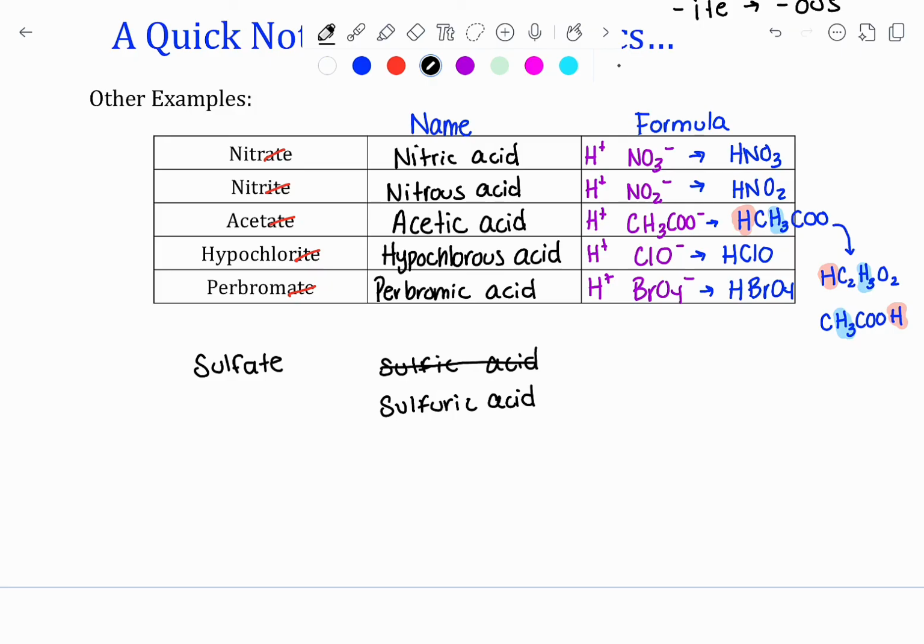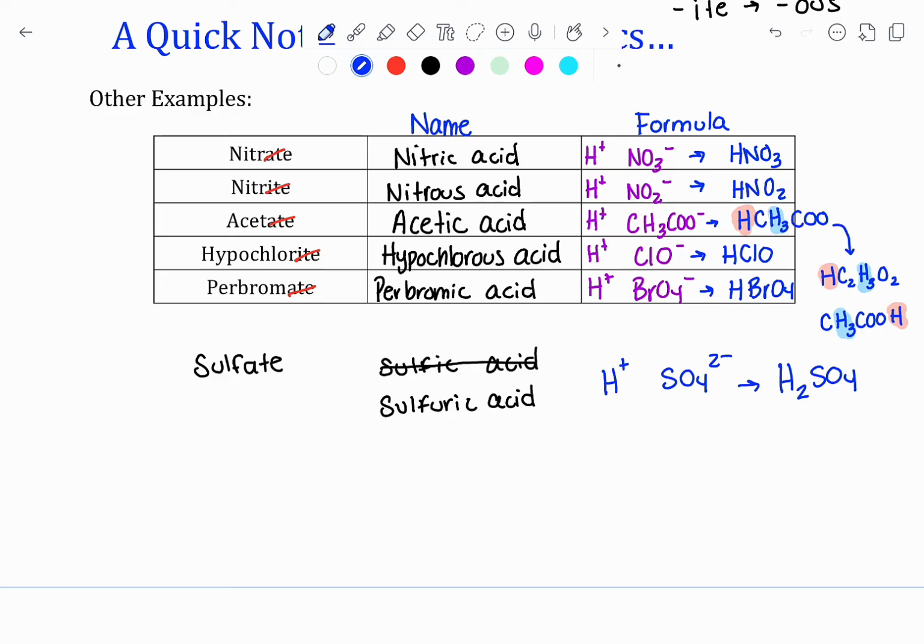Now, when it comes to the formula, we're going to treat it very similarly to an ionic compound. So we have H plus, and sulfate is SO4 2 minus. Now, because there's a 2 minus here, I'm going to need 2 hydrogens to balance out that 2 minus charge. So sulfuric acid has H2SO4 for its formula.